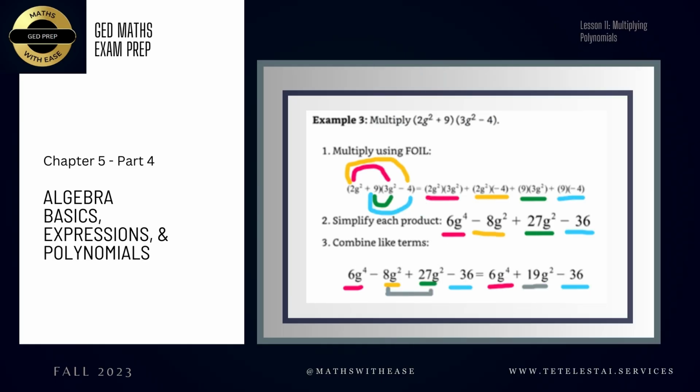So in this example, we're being asked to multiply 2g squared plus 9 by 3g squared minus 4. So we're going to use the FOIL method, right? Let me zoom in so that you can see a little bit easier.